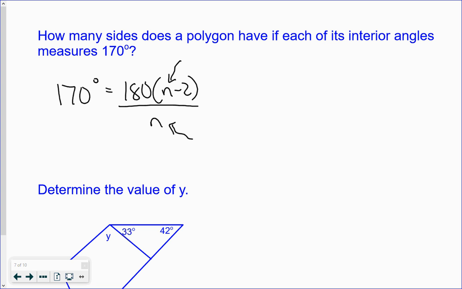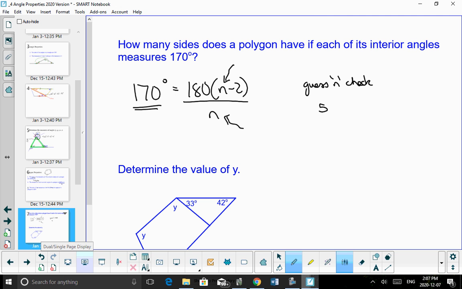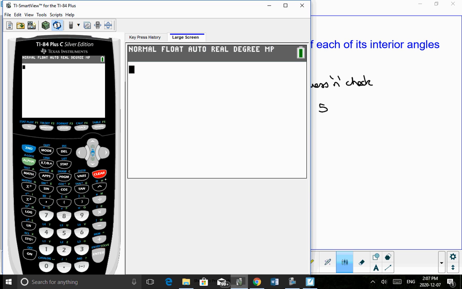Now, you could do this algebraically, but really quite often, the easiest way to do it is by guess and check. So what we're going to do is put random numbers in for n until we get out 170. So I'm going to start with 5, and let's see if that works. So I'm using my calculator. So I'm going to go 180 times 5 minus 2, and then I'm going to go divide by 5.